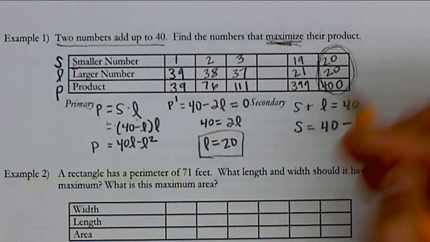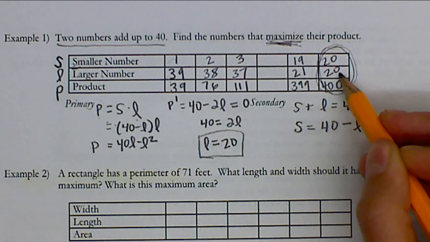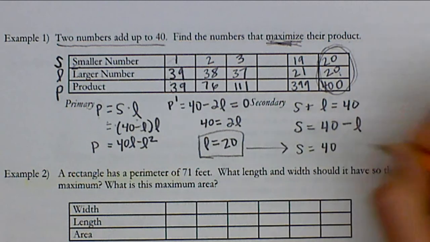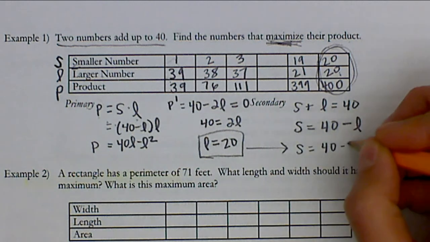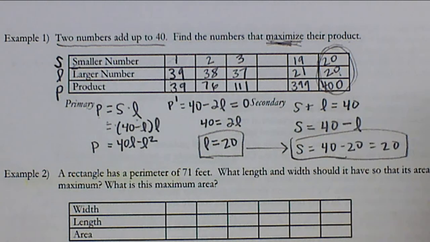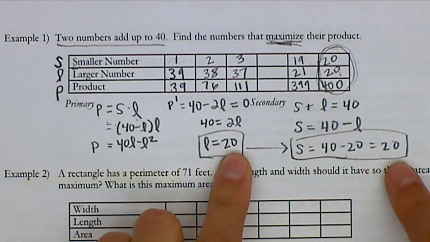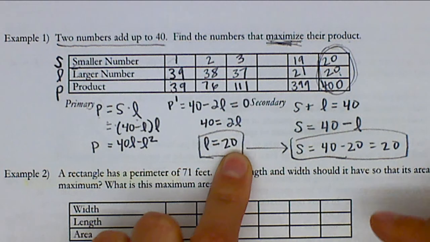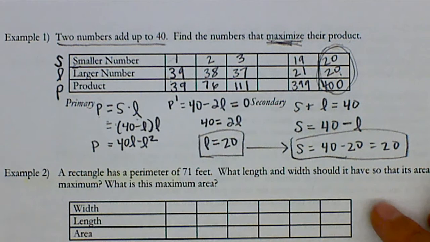So we were right. Solve for S by plugging in L. So 40 minus 20 equals 20. So these two numbers, 20 and 20, are going to maximize the product. Okay?